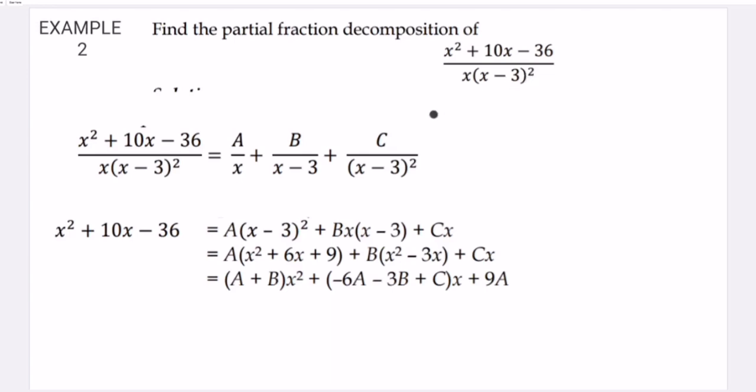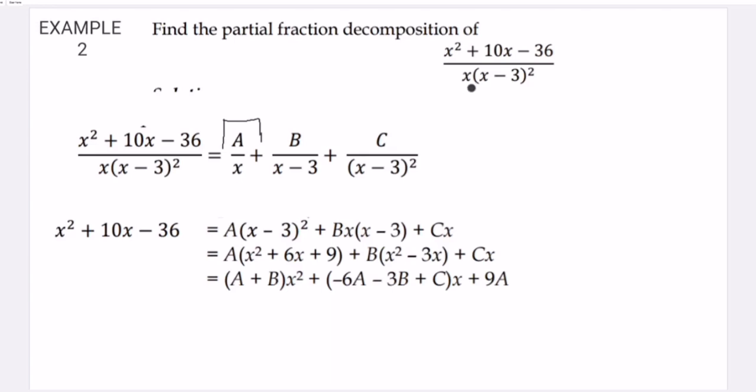So this example is just the combination of the distinct linear factor and then the repeated linear factor. The next step is we need to set up the factors. The factor x is distinct, so the only repeated factor we have here is x minus 3.